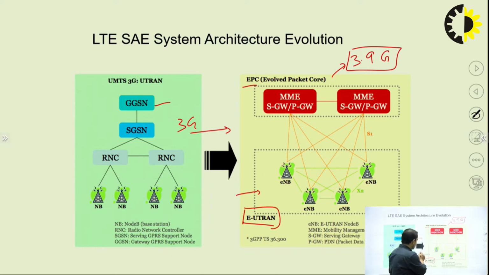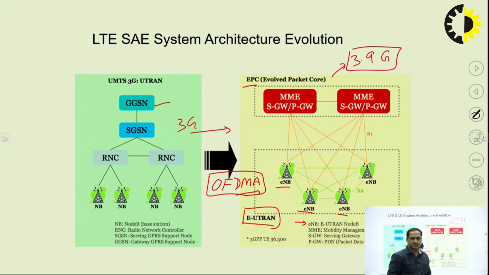The OFDMA concept, which we discussed in the previous lecture as well, is used in this network, where orthogonal frequency division multiple access techniques are involved for multiple access of the common channels. In this we have the E node Bs, the E-UTRAN E node B. This is something you must be aware of.